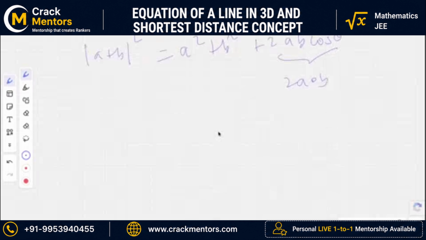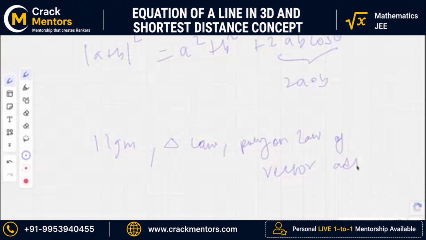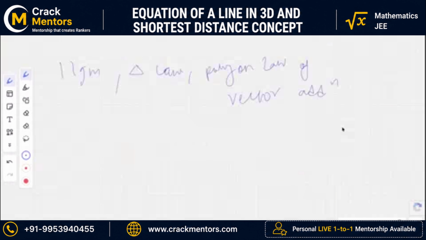Now are you aware of parallelogram law, triangle law, and polygon law of vector addition? Let me show you the parallelogram law. Let's say we have b vector over here, a vector over here. This is forming a parallelogram.